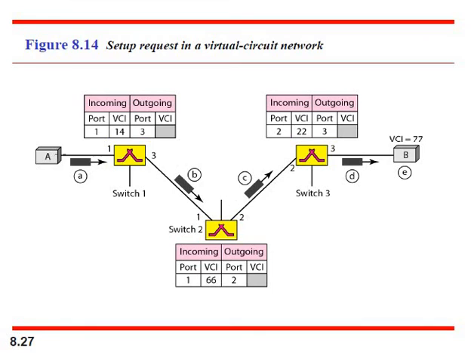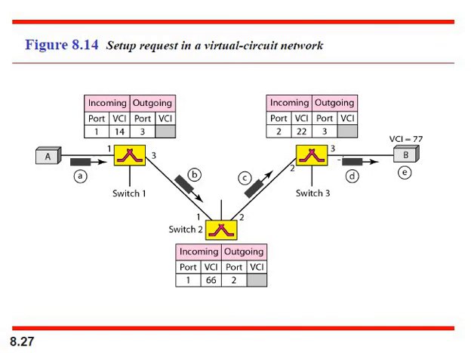Now you are just making a setup phase here, meaning you are reserving all the resources like links, switches, and so on, in the setup phase. In the next step, if B is ready to accept the information, the connection will be created this way, and then the actual data transfer will occur as we have seen in circuit switched networks.